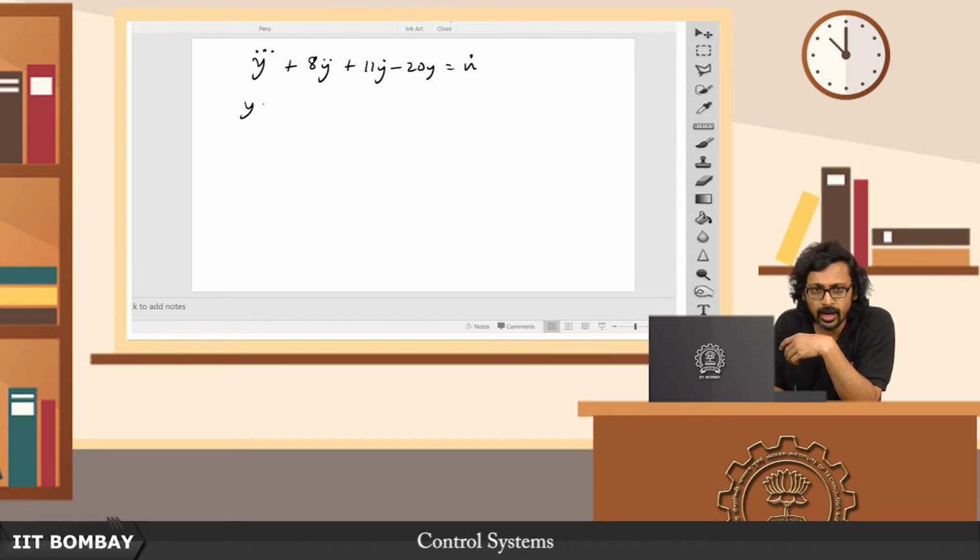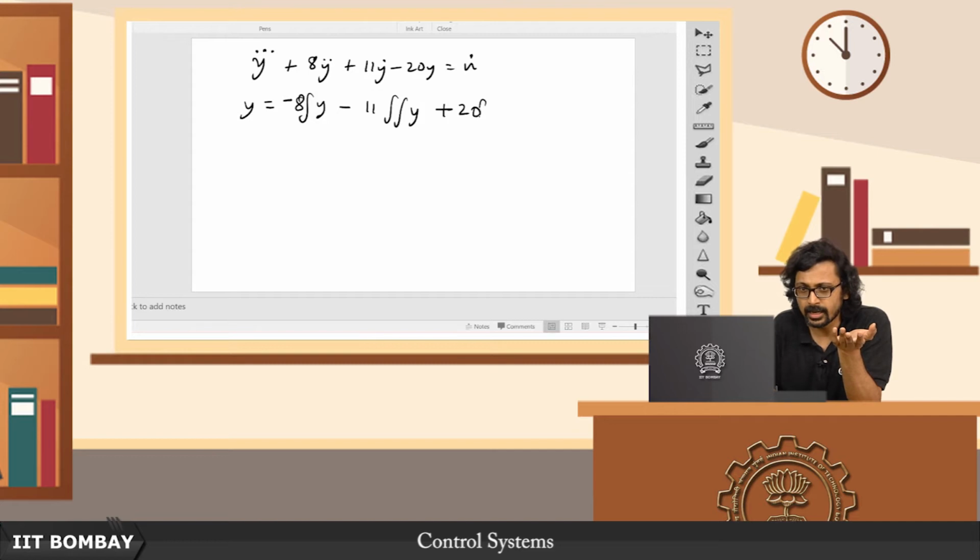So therefore y is equal to 1 times the integration of 8 times y, I'm missing out the dt's, plus 11 times double integration of y, minus, this should be a minus sign because I'm putting it on the other side, and then plus 20 times the triple integration of y, plus twice the integration of u.